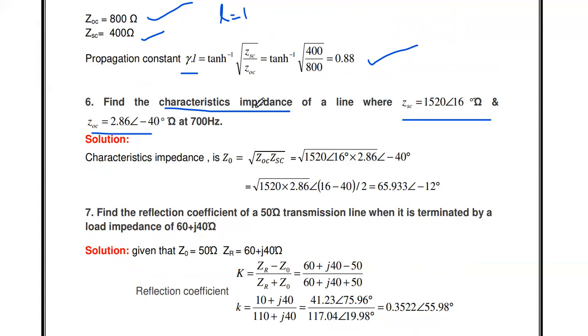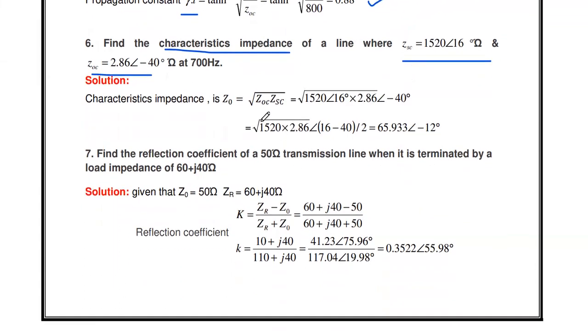So the question is to find the characteristic impedance. So what is the characteristic impedance formula? Already you know the characteristic impedance Z naught equals square root of ZOC into ZSC. So you just substitute here.